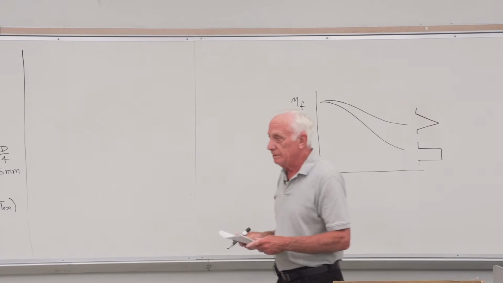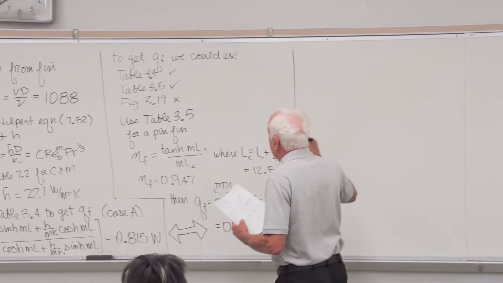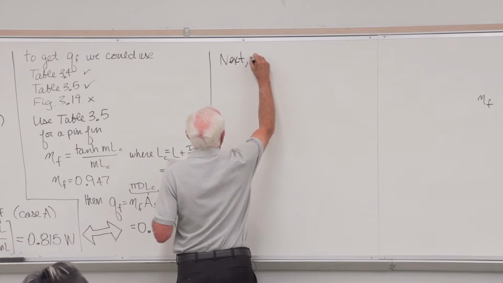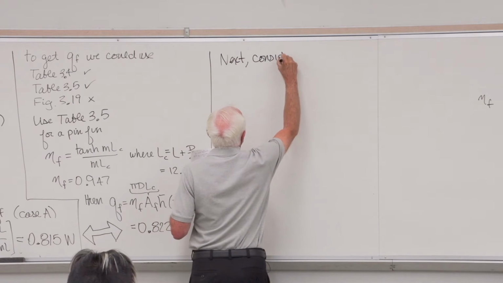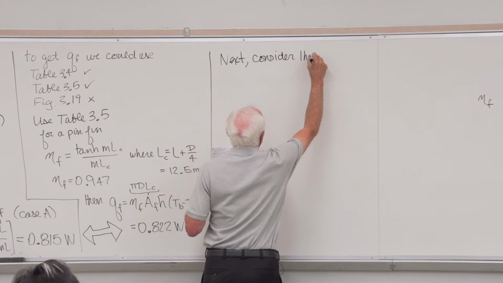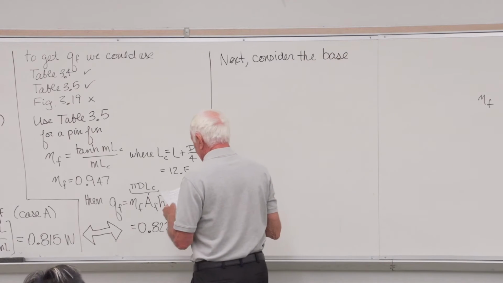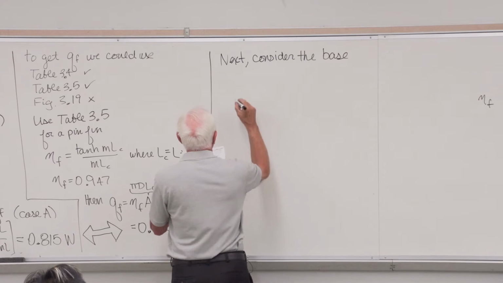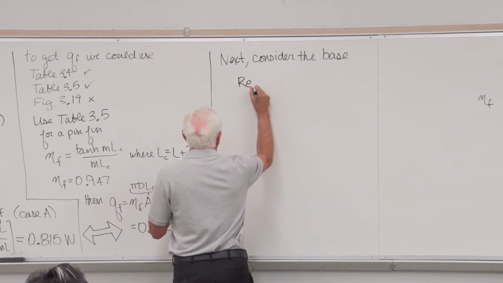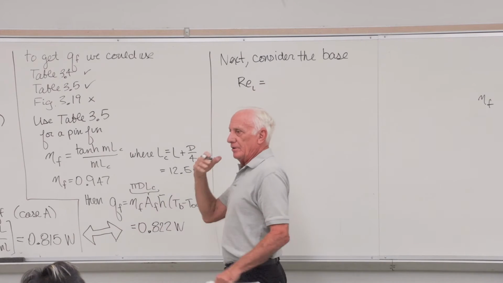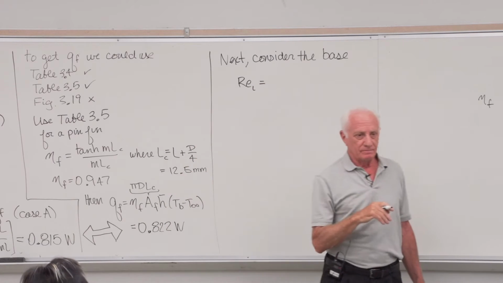Now the base. We didn't do the base yet. There's the base, okay. Next, consider the base. Reynolds number of the base. Now, air is flowing over a flat surface.